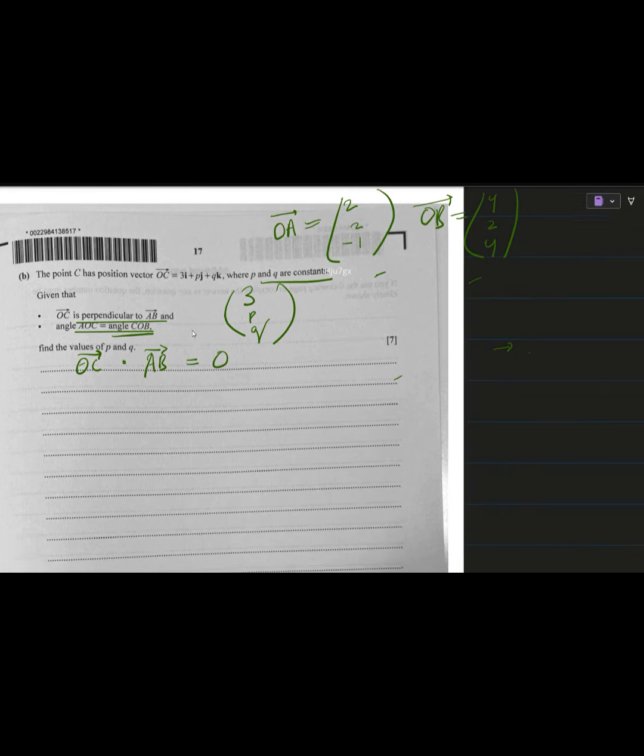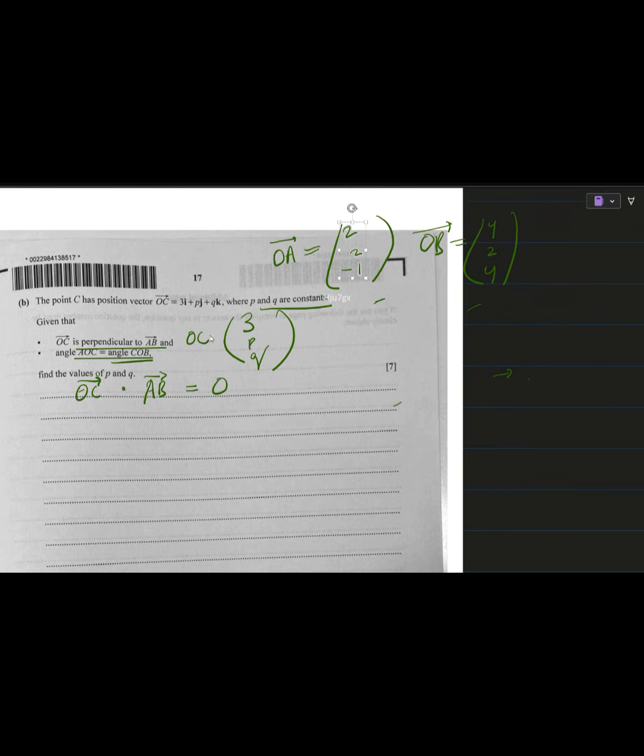So let's try. OC is perpendicular to AB. What does this mean? The scalar product of OC and AB is equal to 0. This is OA, this is OB, this is OC. So AB will be equal to OB minus OA, which is (4, 2, 4) minus (2, 2, -1).